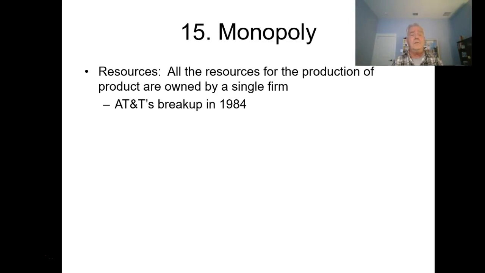So everything that was linked to telephones that you did over a telephone at that point in time was owned by AT&T. Because of that, they were able to sell the phones in the home. They were able to do all kinds of things and control the marketplace. But in 1984, they agreed with the federal government that they needed to be broken up.